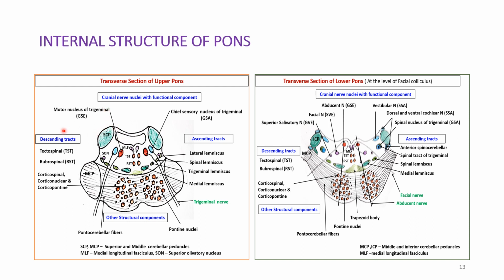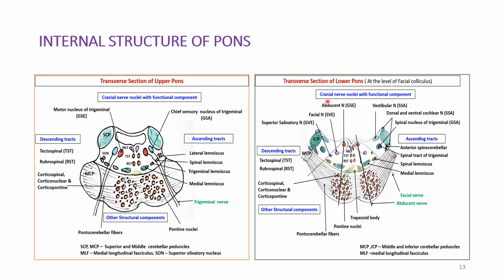So cranial nerve nuclei: motor nucleus of trigeminal, chief sensory nucleus of trigeminal, and ascending tracts like lateral lemniscus, spinal trigeminal, medial lemniscus. Descending tracts like tectospinal, rubrospinal, corticospinal, corticonuclear, corticopontine, and other structural components like pontine nuclei and pontocerebellar fibers.